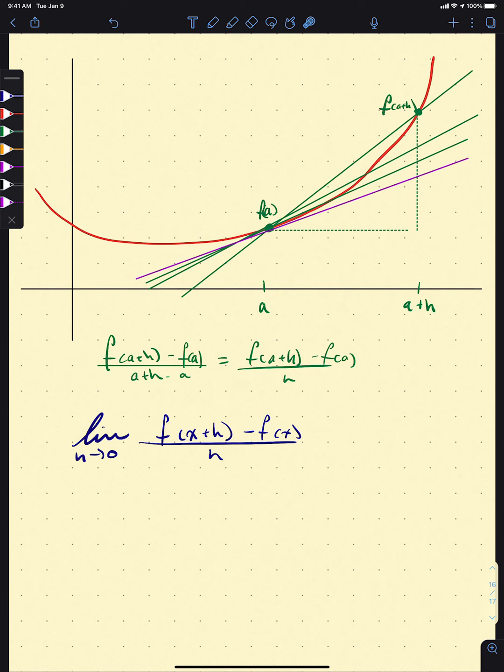And this idea of the instantaneous rate of change is so important that it is the name by which the kind of calculus we're doing gets its name, right? This is the derivative, okay? So in light of that, let's formalize this definition, okay?